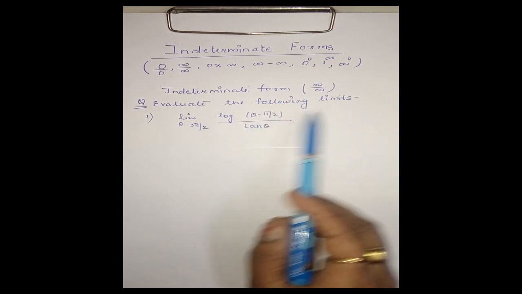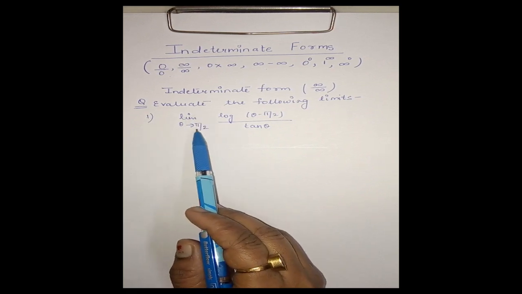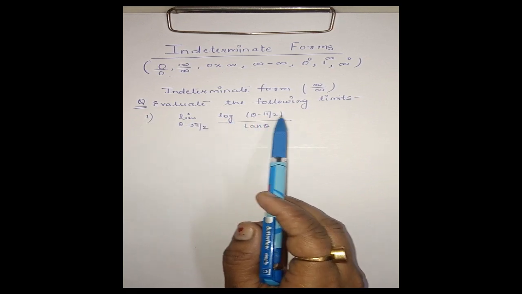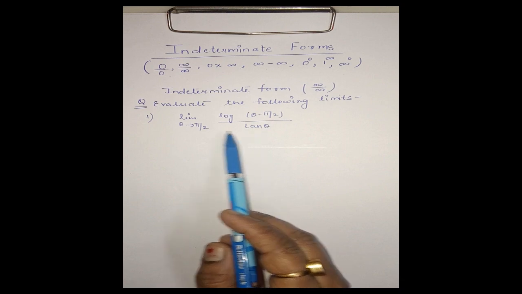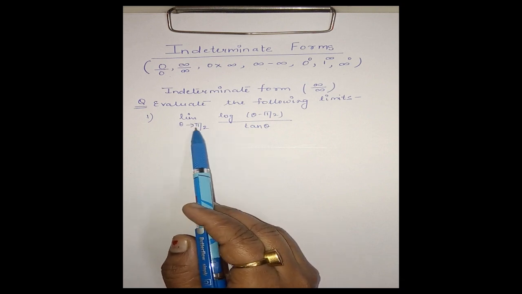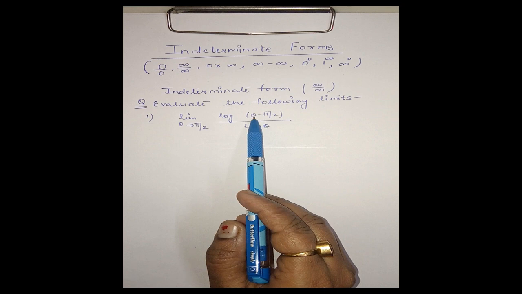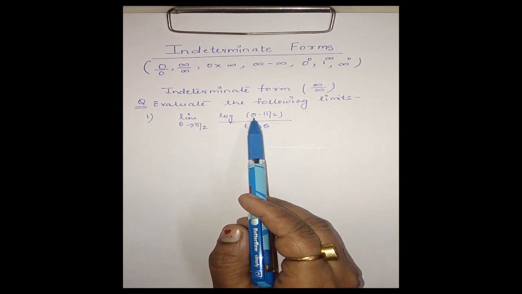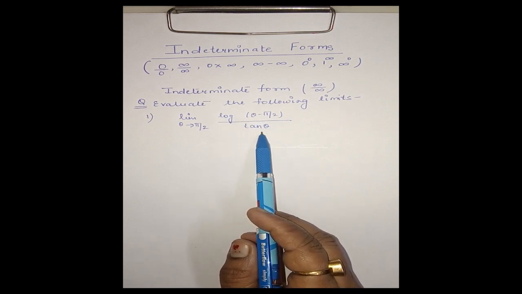Evaluate the following limits. First is limit theta tending to pi by 2 of log of (theta minus pi by 2) divided by tan theta. On taking limit as theta tending to pi by 2, in the numerator we have log 0 which is infinity, and here we have tan pi by 2 which is infinity.